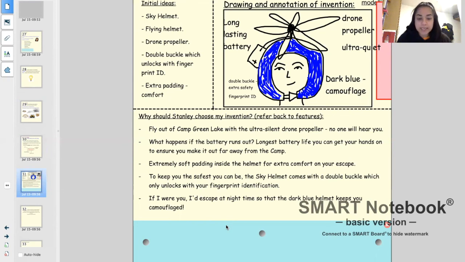Extremely soft padding is inside the helmet for extra comfort on your escape. And to keep you the safest you can be, the sky helmet comes with a double buckle, which only unlocks with your fingerprint identification. If I were you, I'd escape at nighttime so that the dark blue helmet keeps you camouflaged.